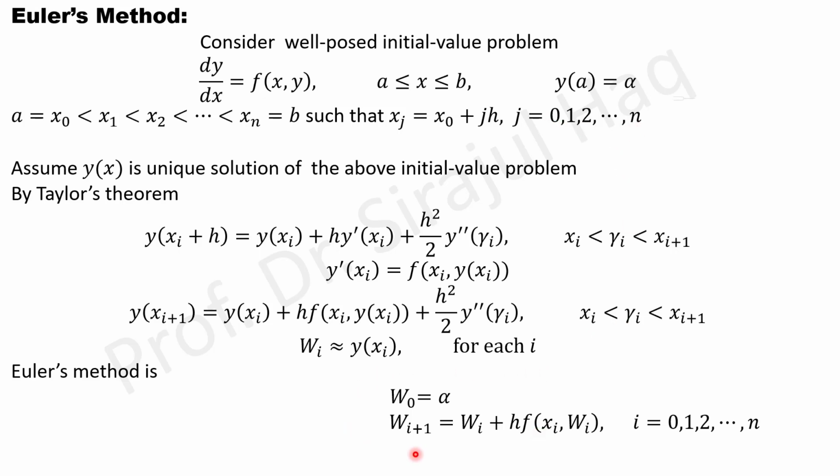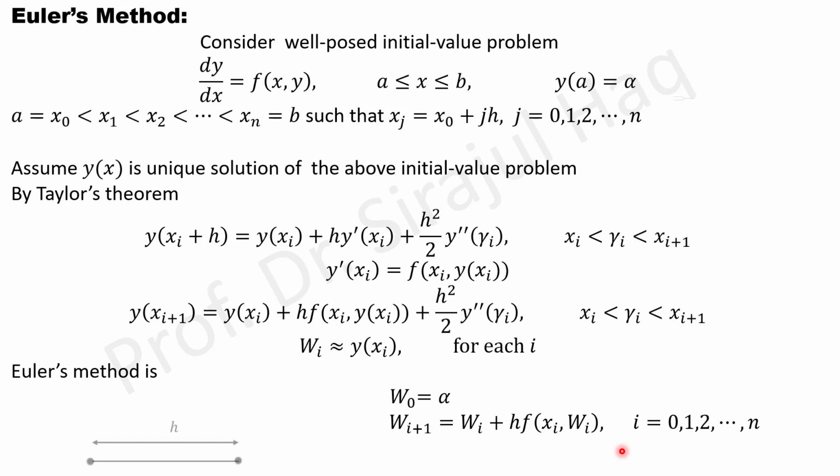This is called the Euler method. Remember, in Euler method we are not getting a very good accuracy, but anyhow this is the starting point; we can find the solution of the differential equation with the help of this technique.